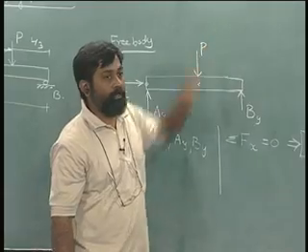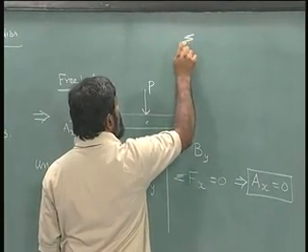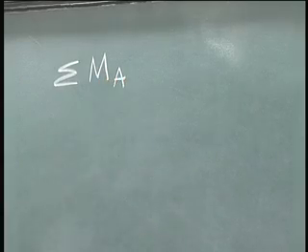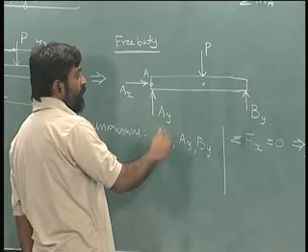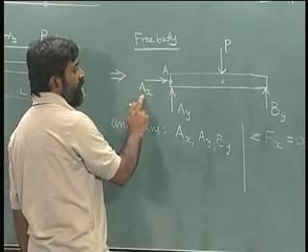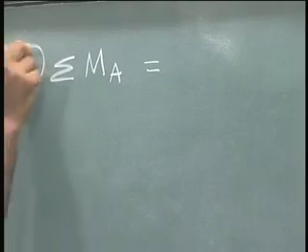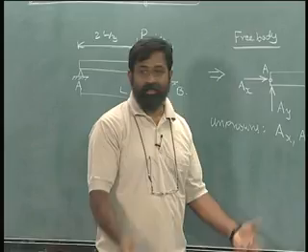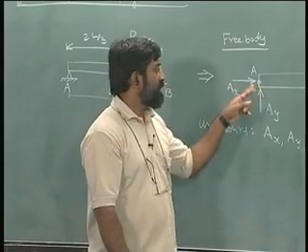Let me write it over here. I am going to write the summation of all the moments at this particular point A equal to 0. It automatically eliminates the use of Ay as well as Ax; only P and By will come into the picture. Let me take anti-clockwise to be positive. This helps in writing it out clearly. Again, the exercise is simple.